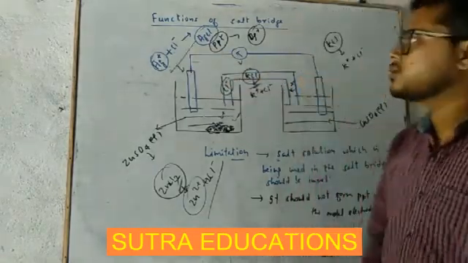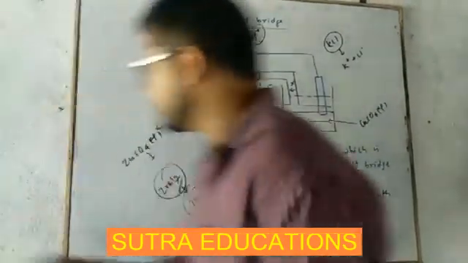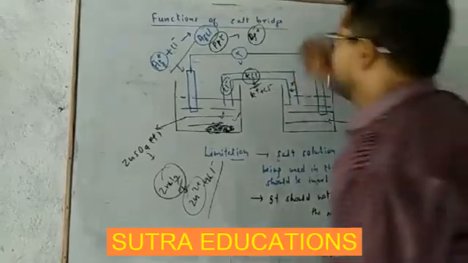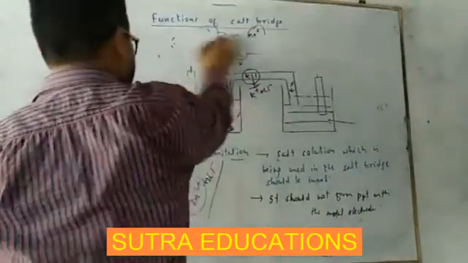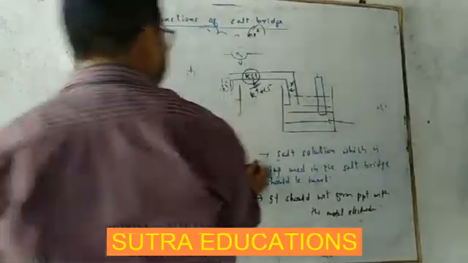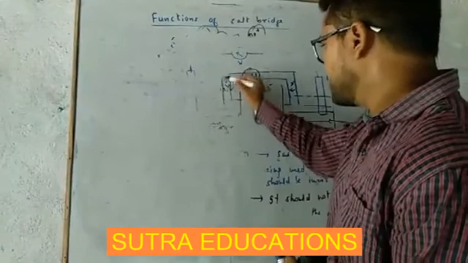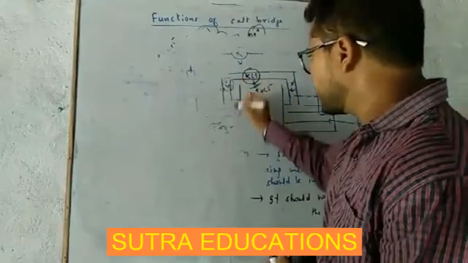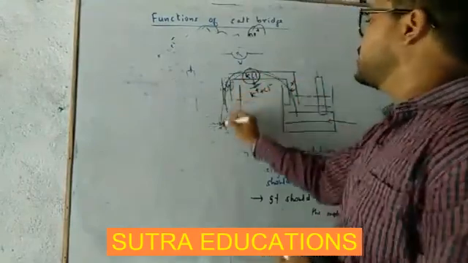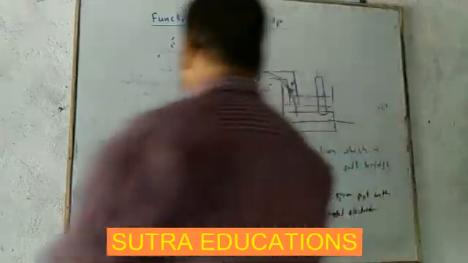Okay, now come to the functions of salt bridge. So the first function I am going to tell you: salt bridge completes the inner circuit. As here this salt bridge was used, and this salt bridge was completing the inner circuit of these two electrolytes.